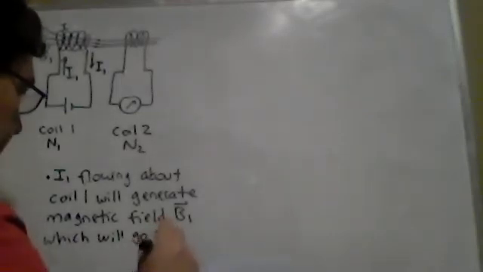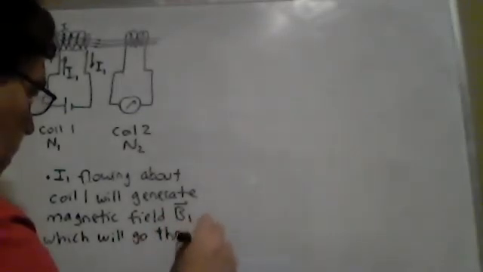Eventually it's going to come around and come through the right loop. I didn't draw the whole picture. It will go through loop 2, or coil 2.